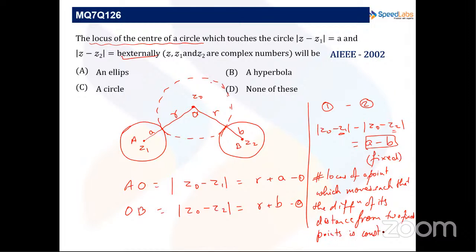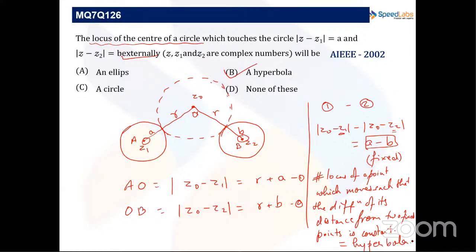Here we have the two fixed points Z1 and Z2 and the difference is constant. So the correct answer is hyperbola, the locus of a point which moves such that the difference of its distance from the two fixed points is constant is hyperbola.